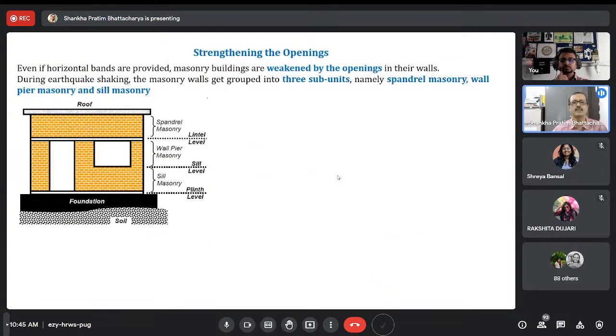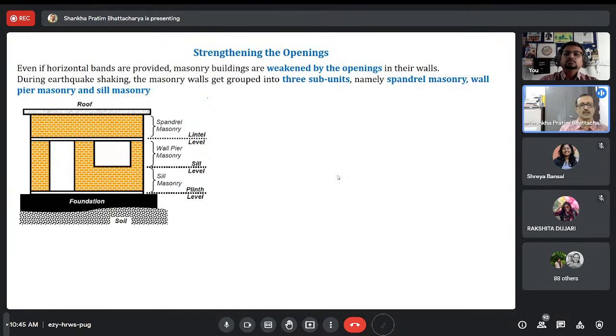Next, the third one: strengthening the opening. Even if you go with the seismic band, horizontal bands, you still have some problem with the opening, because you see the wall. A wall may be a solid wall without any window or door, or it may have some puncture or opening by virtue of a window or door.